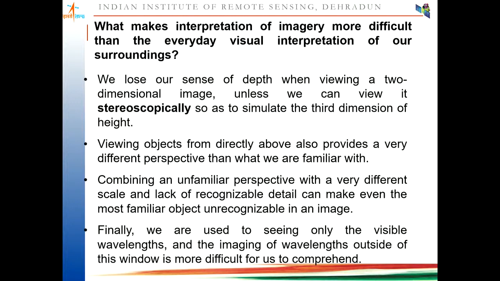And finally, we are used to seeing only in the visible wavelengths, whereas the sensors are designed to look at wavelengths other than the visible range, for example, the infrared range. And the imaging of wavelengths outside of this window, that is the visible window or the optical window, makes things difficult for the human interpreter to comprehend and to interpret and come to a decision.